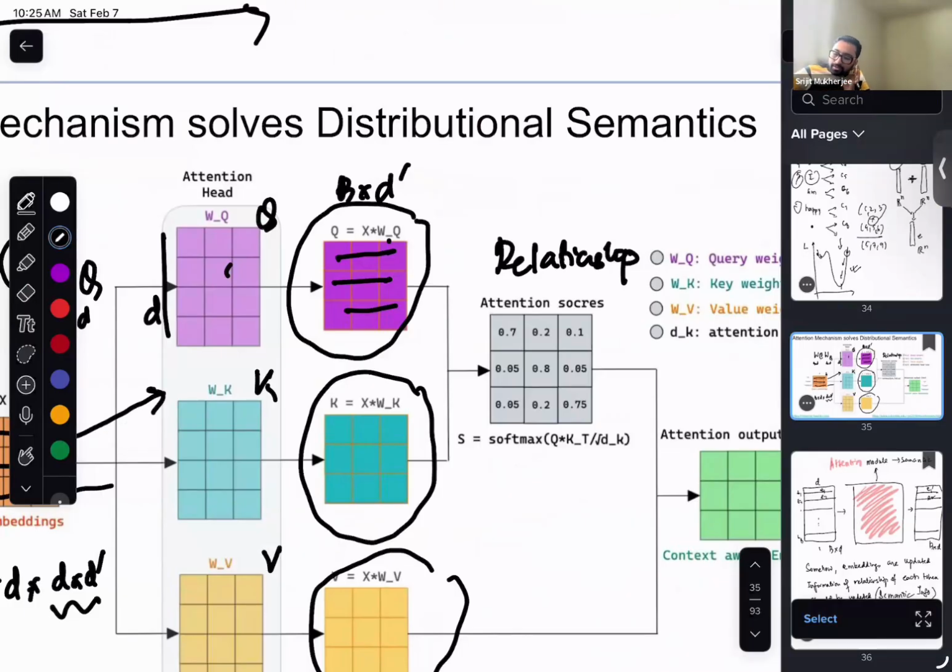For example, this is 1 2 3, this is 1 2 3, different representations of those 3 words. So this i comma j, let's say this is 3 comma 2, tells you the relationship, the dot product, between the third and the second vectors.